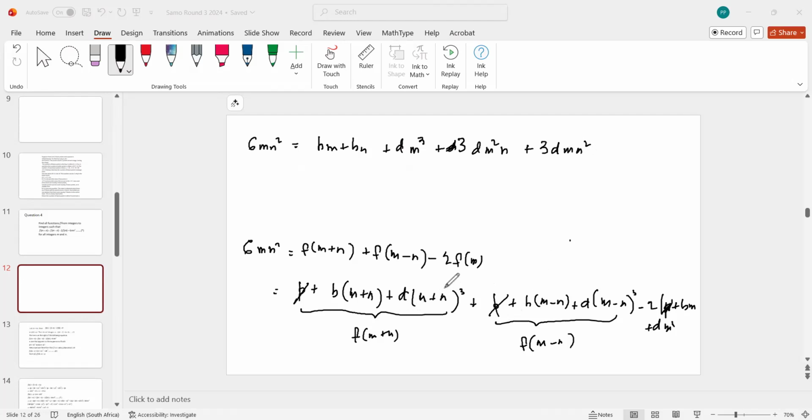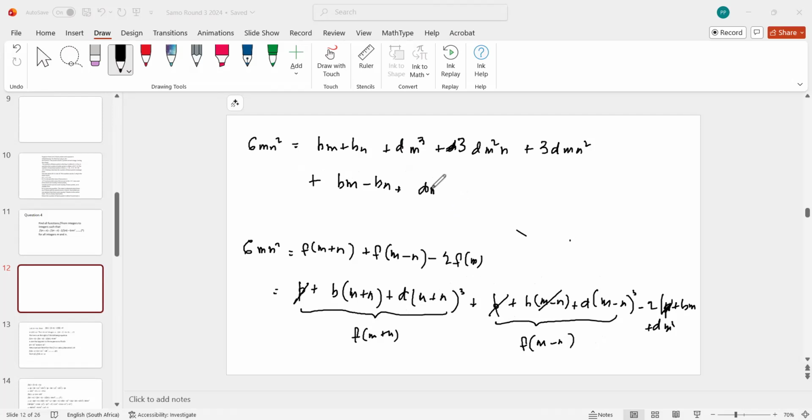That's just this part here. I'm going to add to that, the p's cancel. We add to that bm minus bn. That's finished.